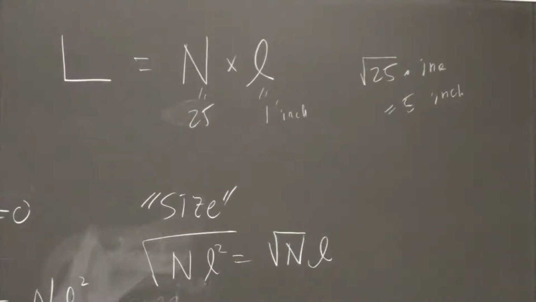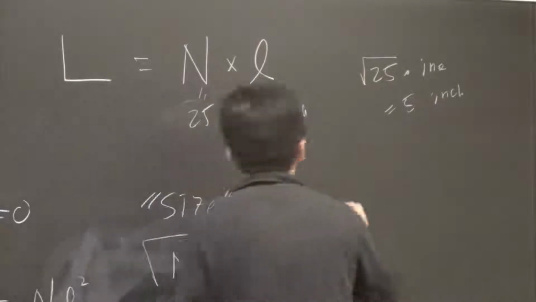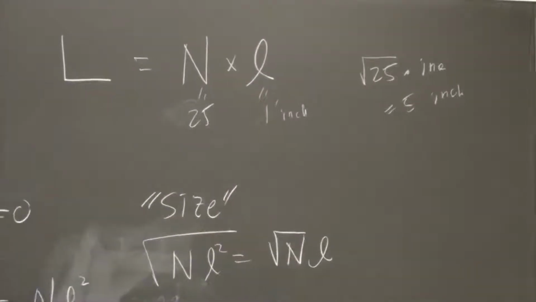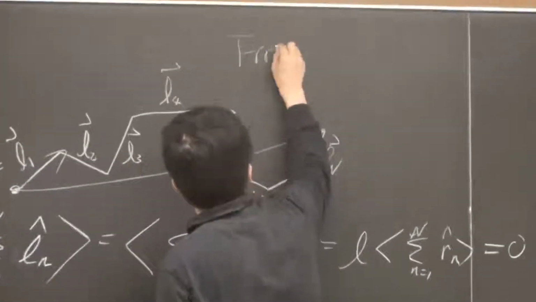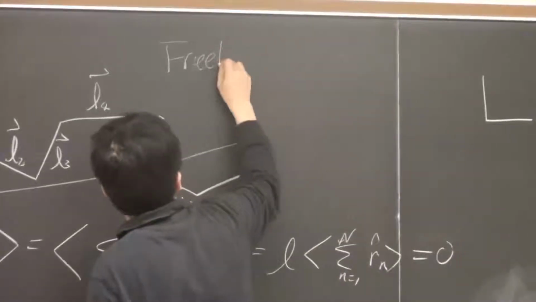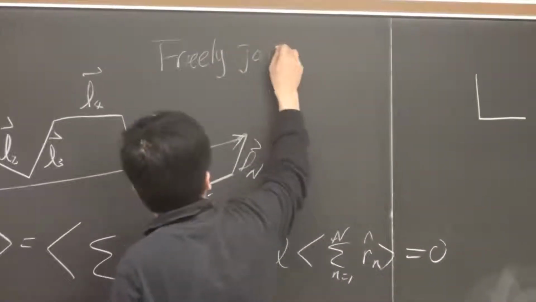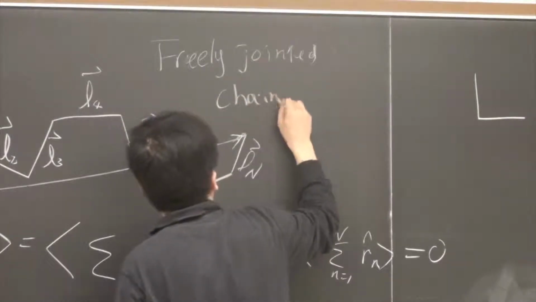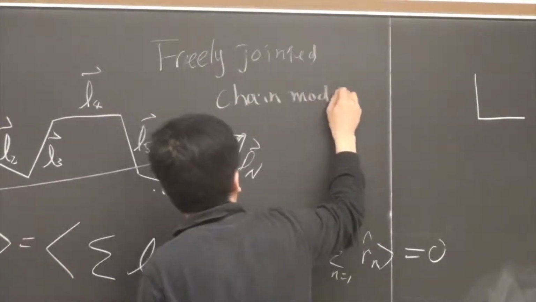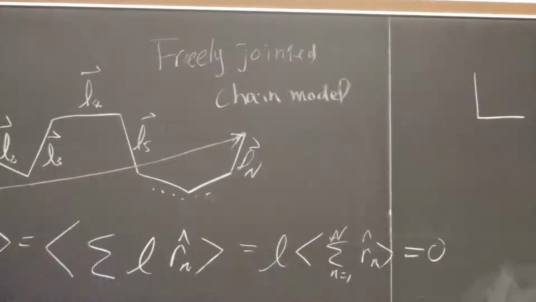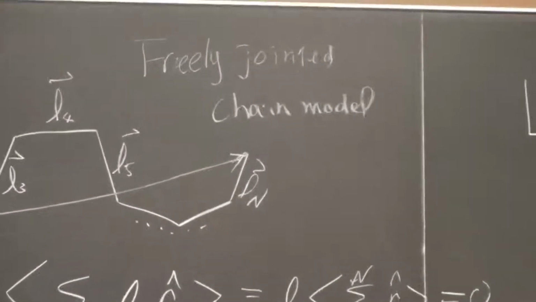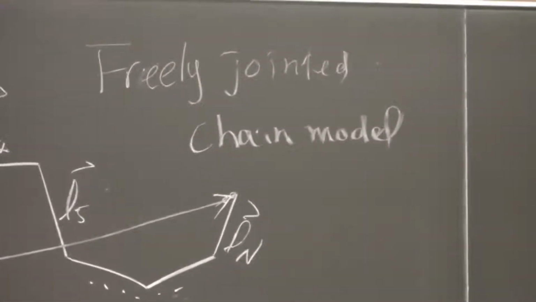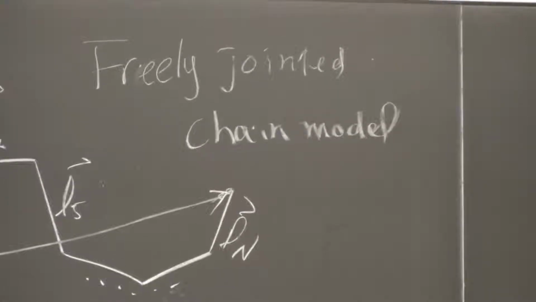Now, this model that I just described to you is called the freely jointed chain model, because the joint between the two segments is free.